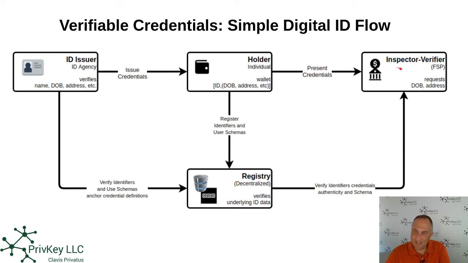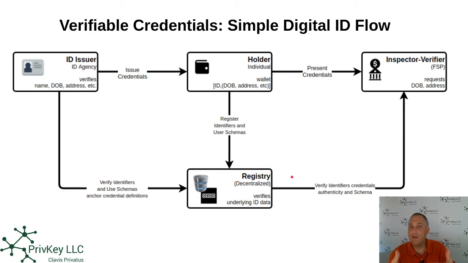Once this is presented, the verifier goes to the database, in this case the registry decentralized database, which is a distributed ledger, the blockchain, and picks that specific DID, brings it over, and compares the signatures. What's presented to them has a signature, right? So it compares the signature with what's on the blockchain, which was issued by the original.